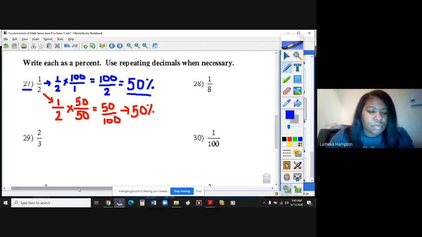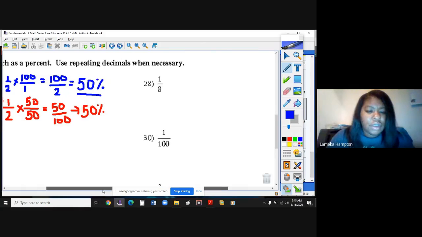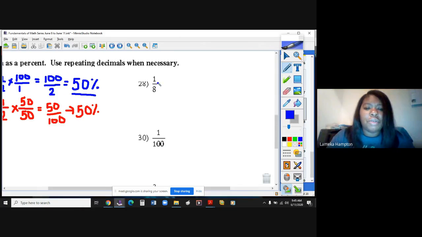Okay? So for number 28, I am simply going to multiply my fraction, which is 1 over 8, by 100 over 1.